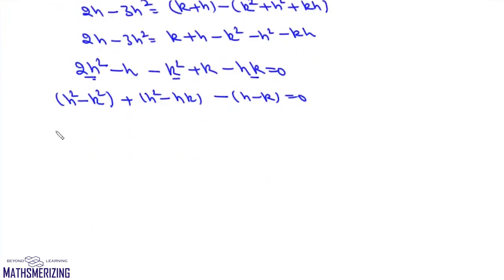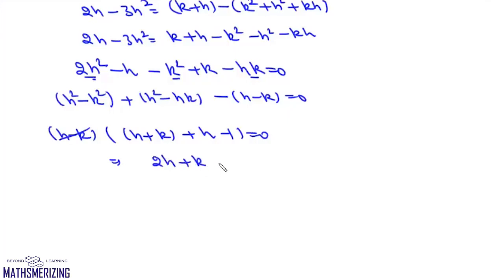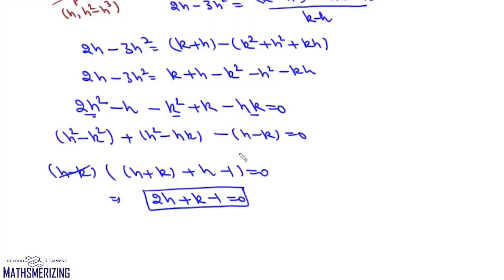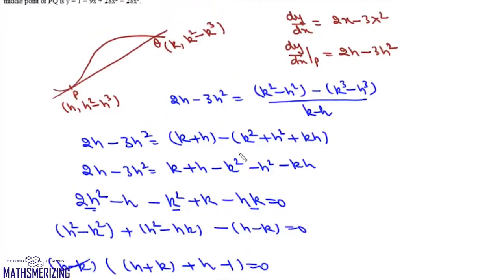Now we can write this as h minus k times (h plus k plus h minus 1) equals 0. Now h cannot be equal to k. So the condition that we get from this is 2h plus k minus 1 equals 0. So now we have this one relationship, which is 2h plus k equals 1.